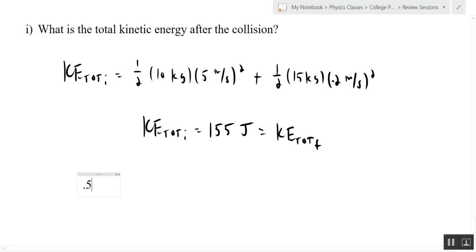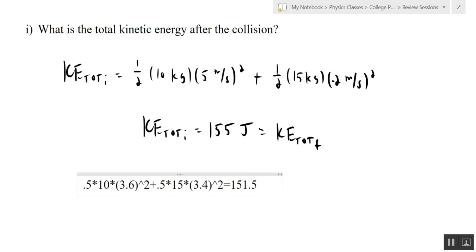It's 0.5 times 10 times, how fast was the second? Was it 3.6? Plus 0.5 times 15 times how fast the second one was moving. It's negative, but you're squaring it, so it doesn't really matter. 151.5. It's supposed to be the same thing.